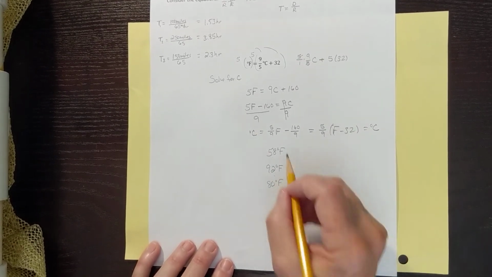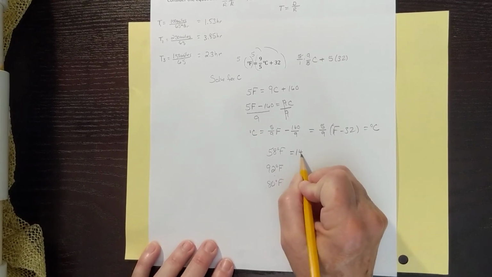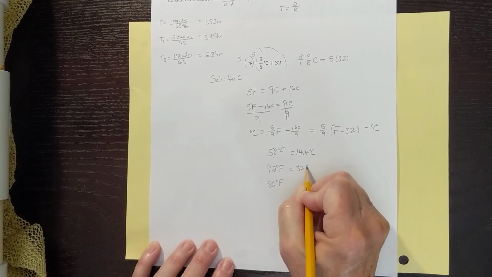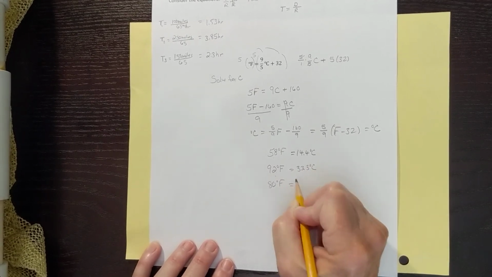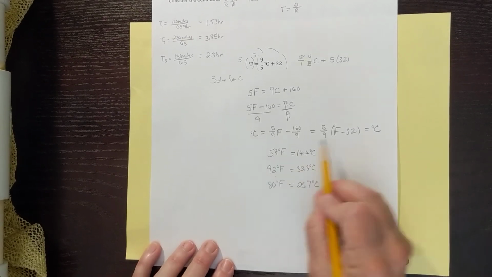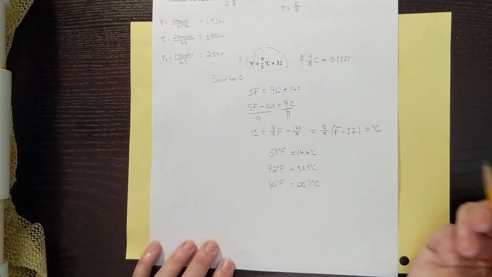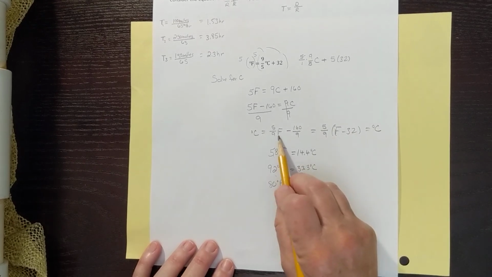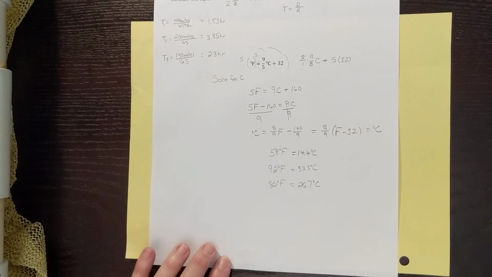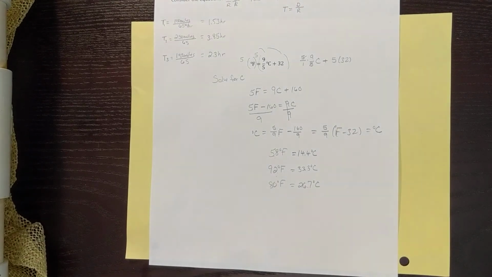It turns out that this is 14.4, this is 33.3, and this is 26.7. Just by sticking these values in for F each time, that makes it really easy to calculate. So that's what literal equations are, and that's why we do that.